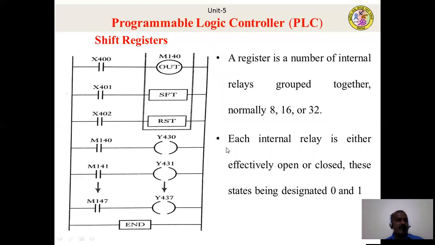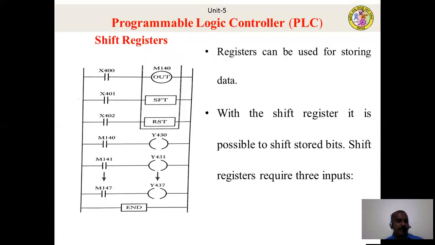Each internal relay is either effectively open or closed, these states being designated as 0 and 1. Registers are used for storing data. With the shift register, it is possible to shift the stored bits.